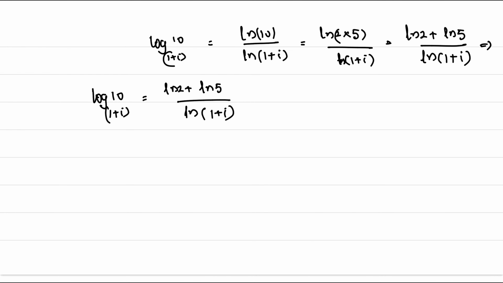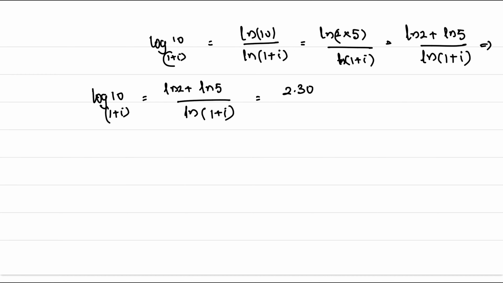What is ln 2 plus ln 5? It is approximately 2.30. These values please try to remember. ln 2 is 0.693, ln 5 is 1.609.